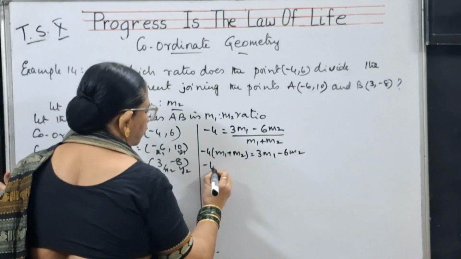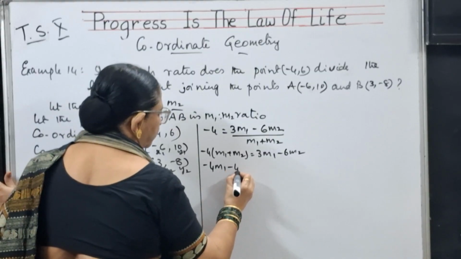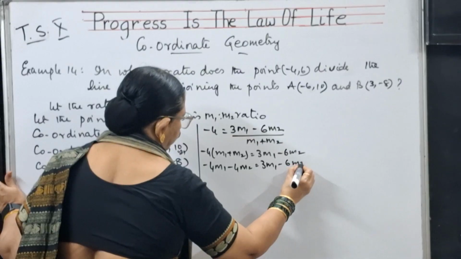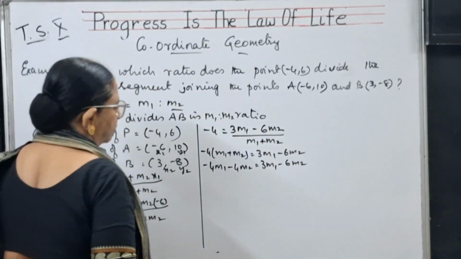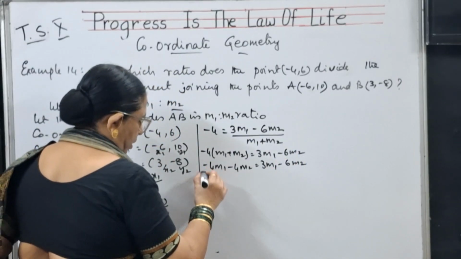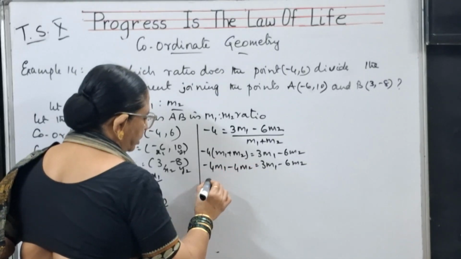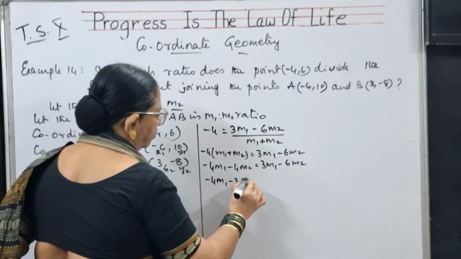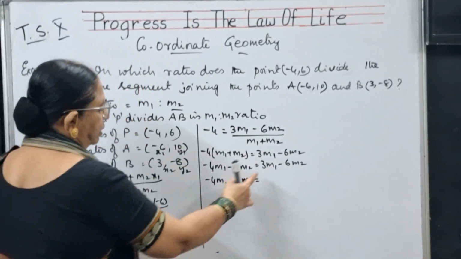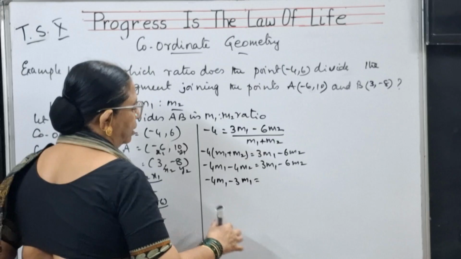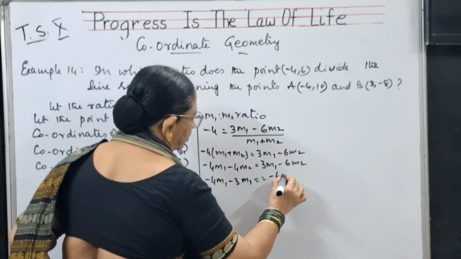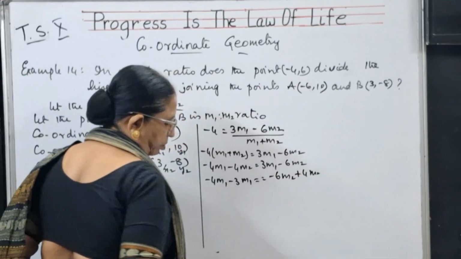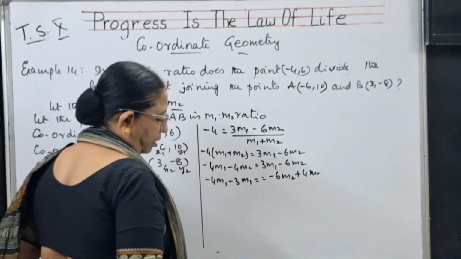That is minus 4m1 minus 4m2 is equal to 3m1 minus 6m2. So let me bring this m1 here, minus 4m1 minus 3m1, when it comes here, minus 7m1 is equal to minus 6m2, minus becomes plus 4m2 you are getting. Okay.